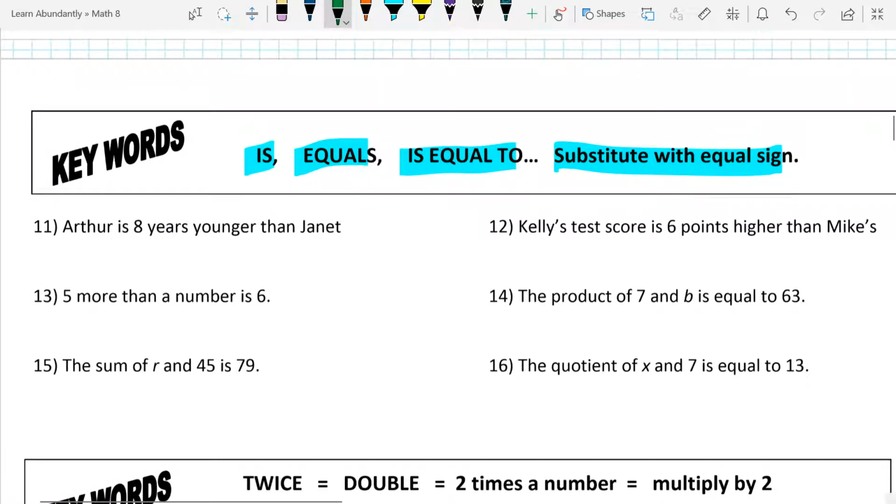So these are getting a little bit more complicated, but I'm going to start looking for the words is. So the first thing I'm going to do is I'm going to highlight the word is in blue for all 6 of these. Is. Now when I go back through, if I were to look at where my is words are, I can see is equal to.